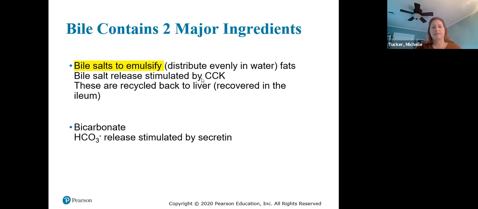Bile release is stimulated by cholecystokinin, which is released by the small intestine, and bicarbonate is stimulated by secretin. So these two, CCK and secretin, are small intestine hormones that are released, and they're going to promote digestion.